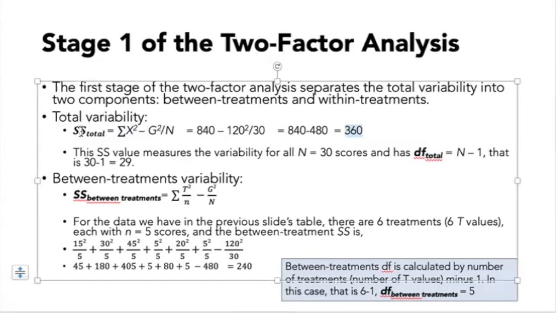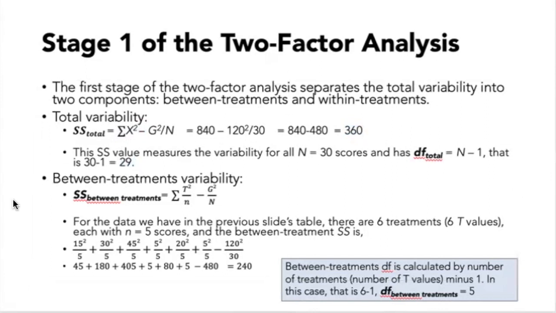360 is the total variability, and for this we are going to calculate degrees of freedom. We call this the degrees of freedom total. This would be N minus 1. N minus 1 would be 30 minus 1, so the answer is 29. And then similar to this, we are going to calculate the between-treatments variability as well.